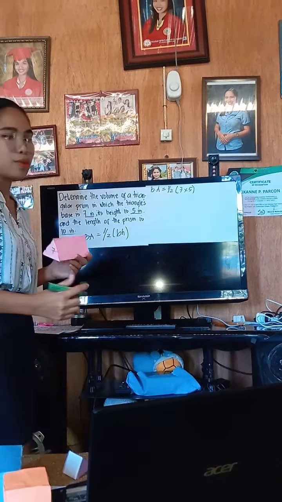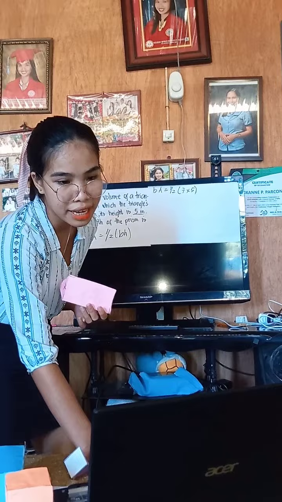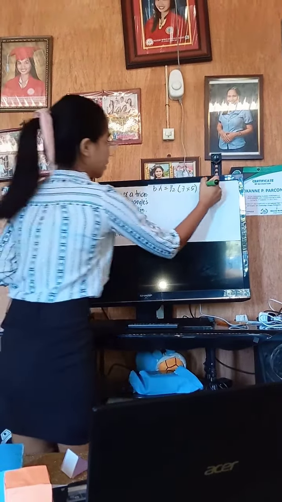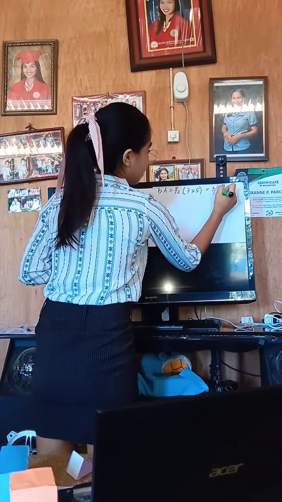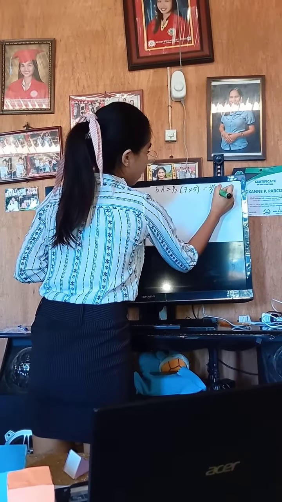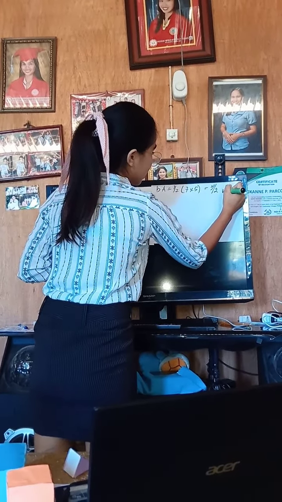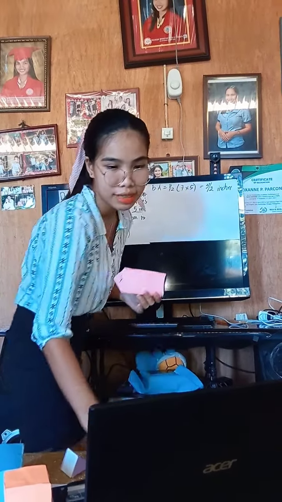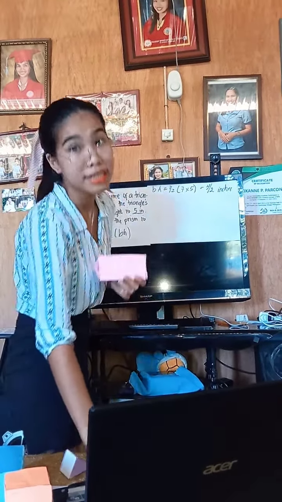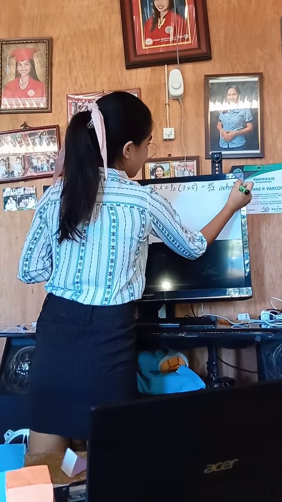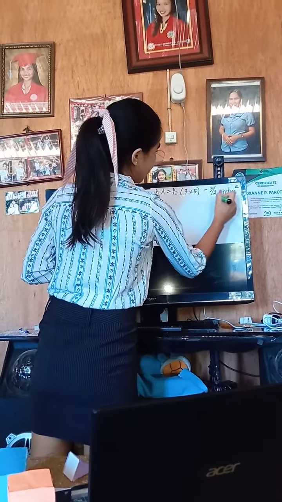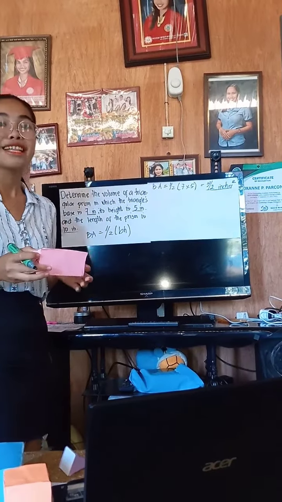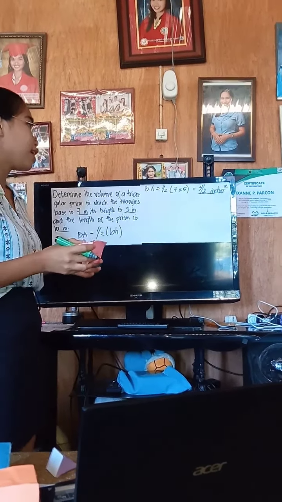When we calculate it, the answer would be 35 all over 2 inches, and the unit would be inches squared. So we already found the area of our base.